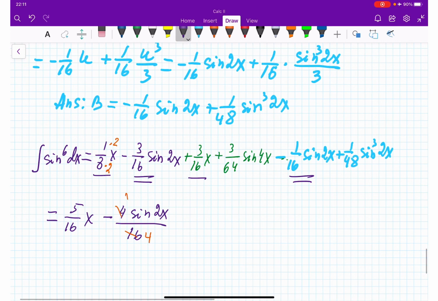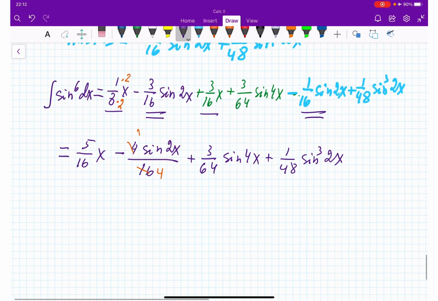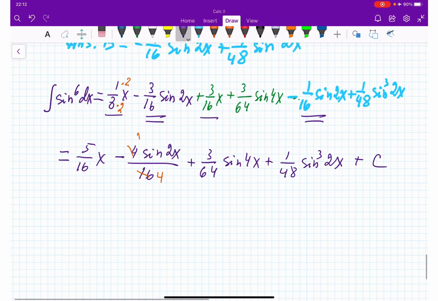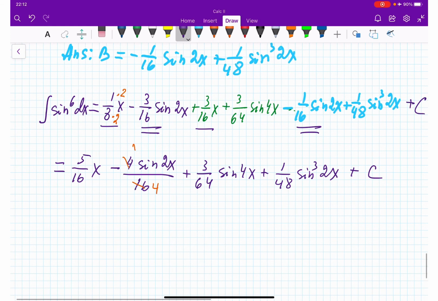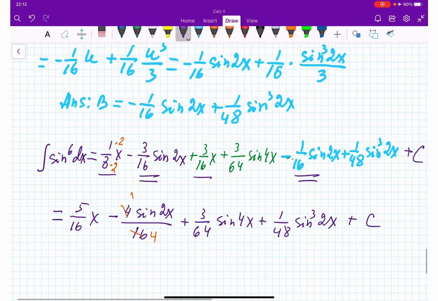And the rest I'm rewriting, there is nothing else to do: plus 3 over 64 sine 4x, and plus 1 over 48 sine cubed 2x. So the plus c. Actually here I can put plus c1.